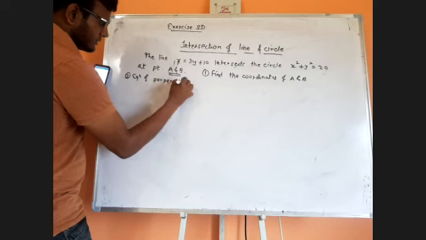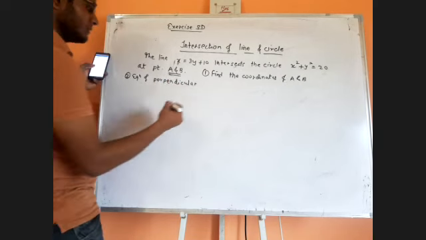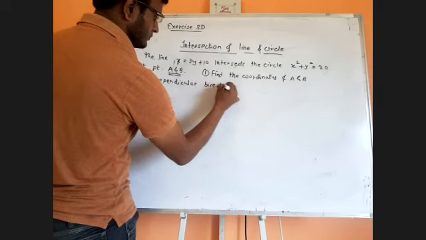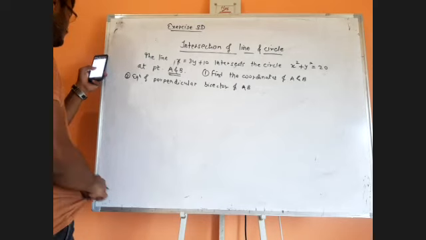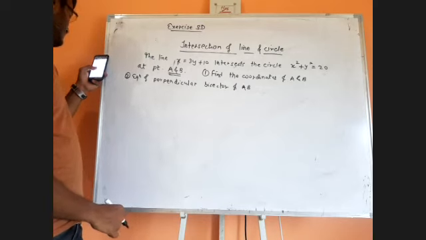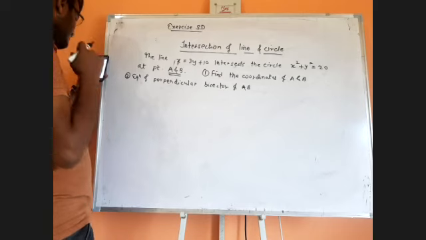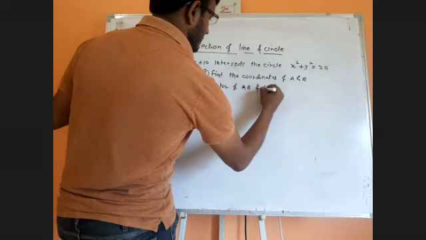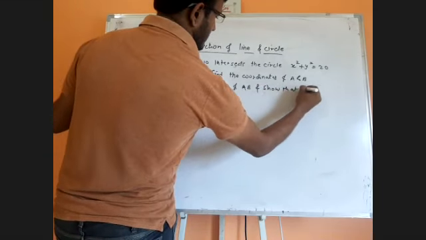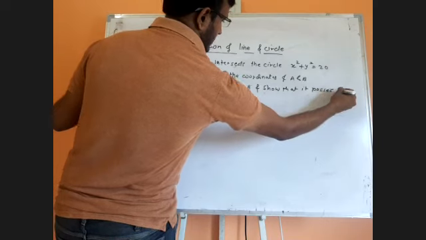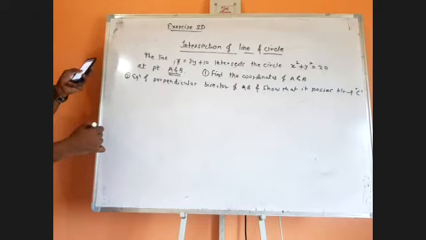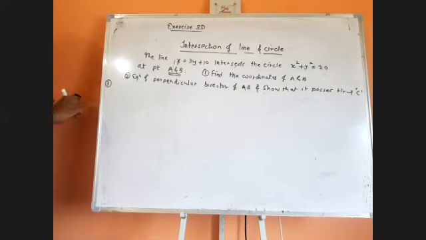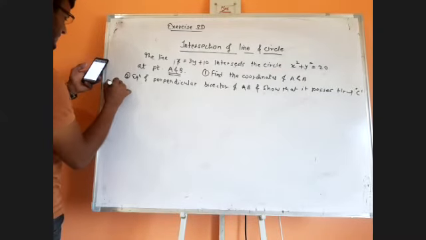This is the last concept of this particular chapter. Show that it passes through the center. Okay, C stands for center. And there is a third subpart which we will cover: the perpendicular bisector of AB.